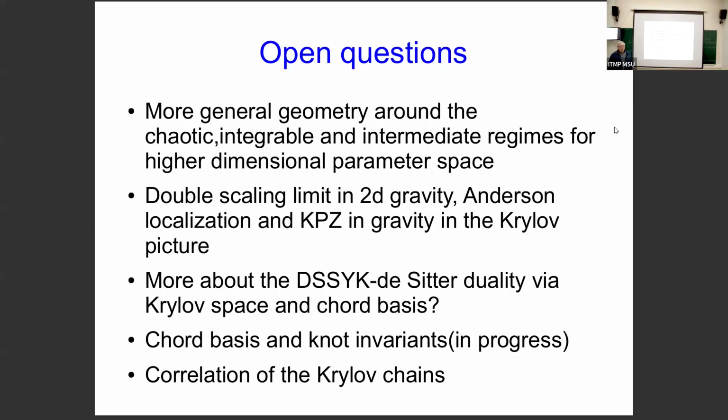On the other hand, this chord picture is closely related to knot invariants, and on the other hand, we know that three-dimensional de Sitter space is described by Chern-Simons theory. Therefore, the picture of Wilson lines in Chern-Simons theory is very suitable for the chord picture. So it seems that the duality between double scale SYK and three-dimensional de Sitter can also be linked using the knot invariants.